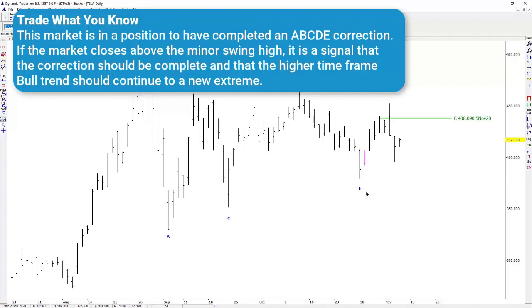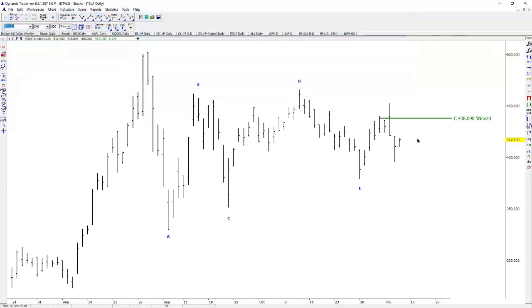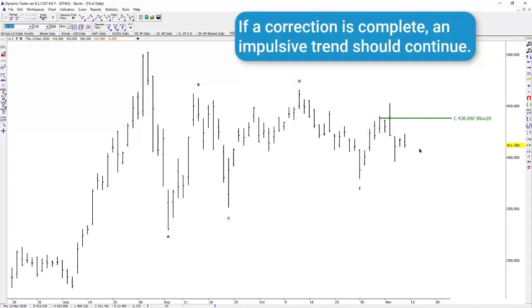And if that's the case, and we've made an advance and then we have a decline, we could close above the closing high of that advance. That's a trend continuation signal that more than likely the impulsive bull trend is going to continue and the correction is complete. So following the end of a correction, we should have an impulsive trend, higher highs, higher lows.